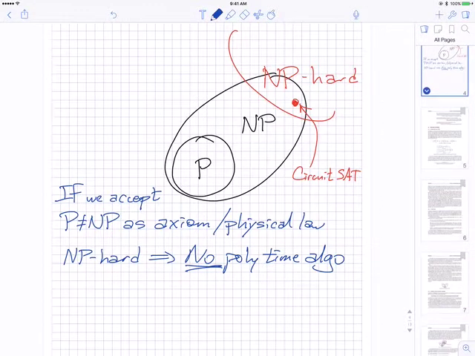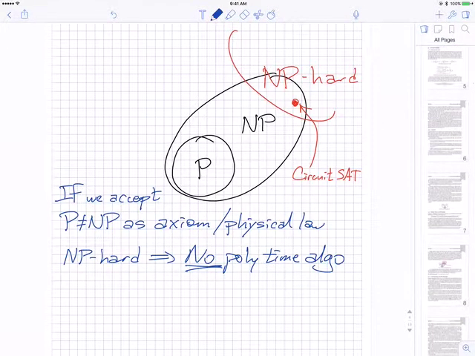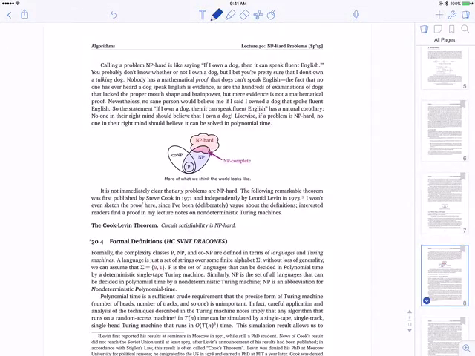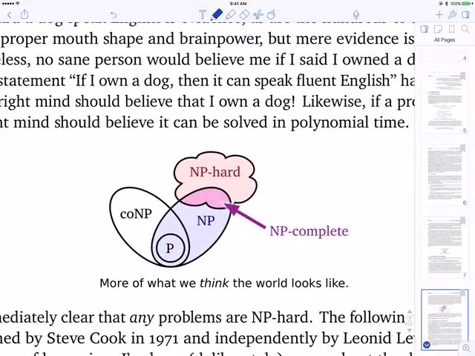Okay, so once we've started along the idea that we've identified something up here in this NP hard cloud, namely circuit sat, I want to leverage this into proving that other things are NP hard, which at least morally is the same as a proof that they cannot be solved in polynomial time.